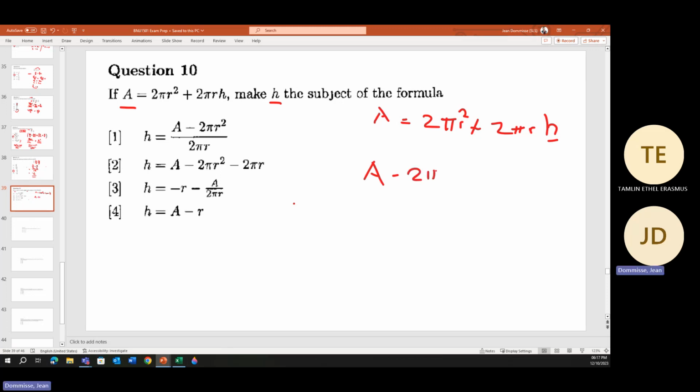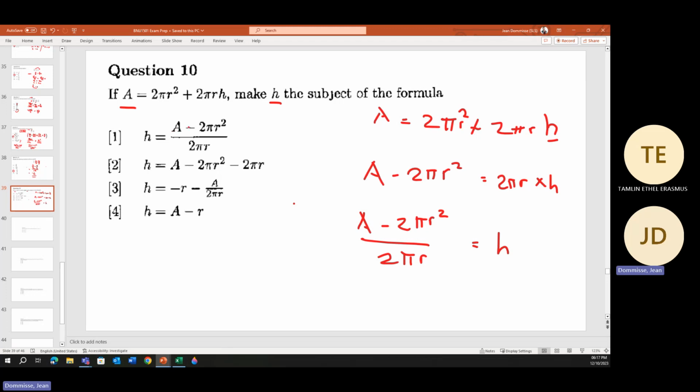And we sit with r squared, which is then equal to 2 pi r times h. Then to get rid of the 2 pi r, we will divide on both sides with that. So a minus 2 pi r squared divided by 2 pi r is equal to h.